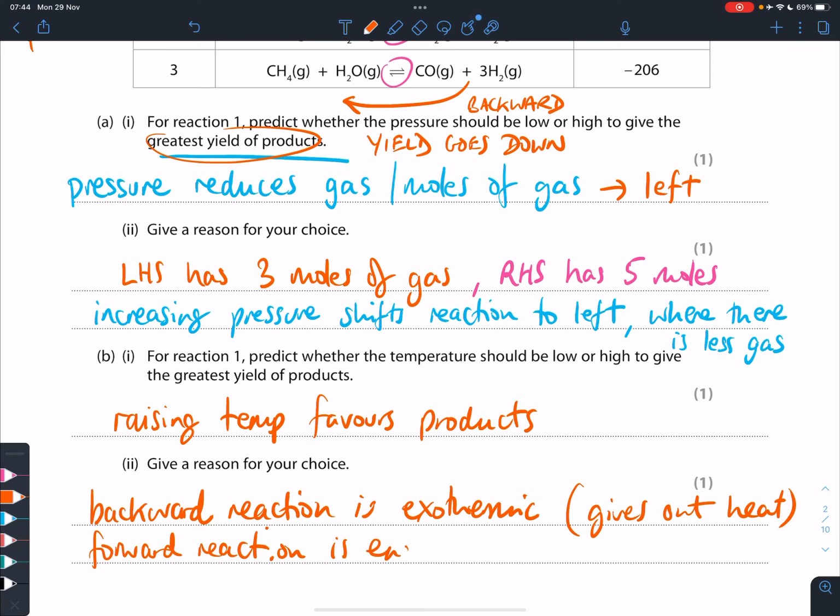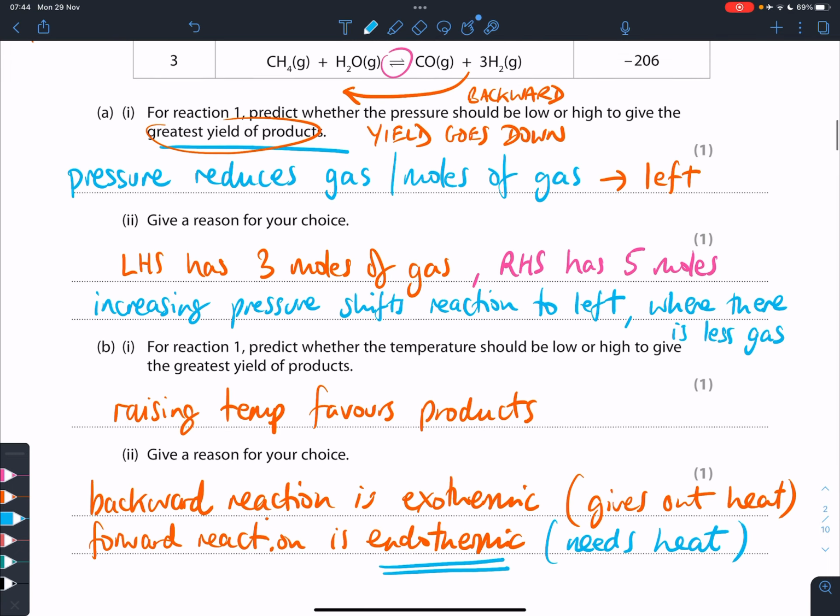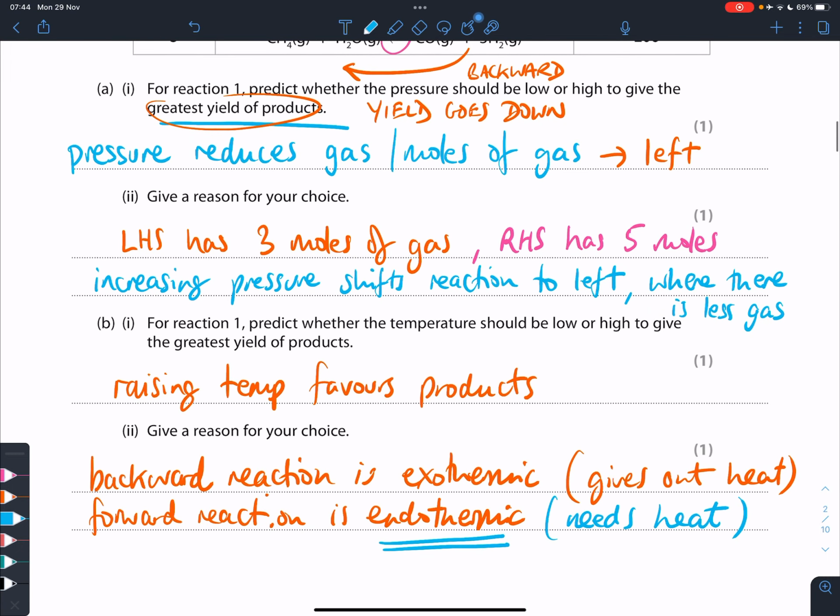So when you raise the temperature, the endothermic reaction, the one that needs heat, will be favoured. And that means the reaction shifts to the right.